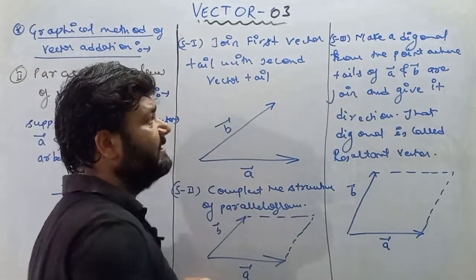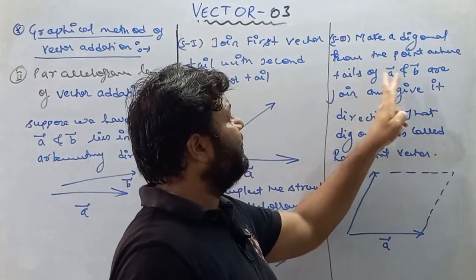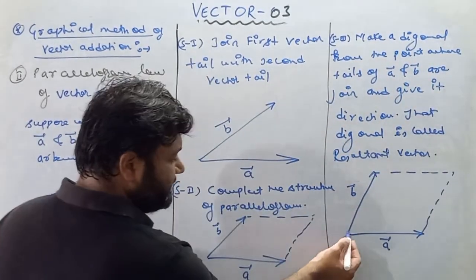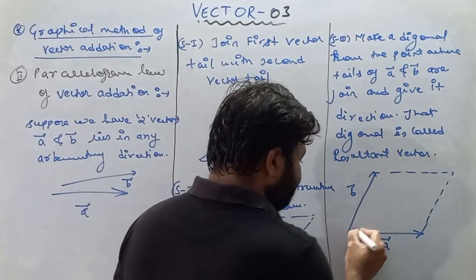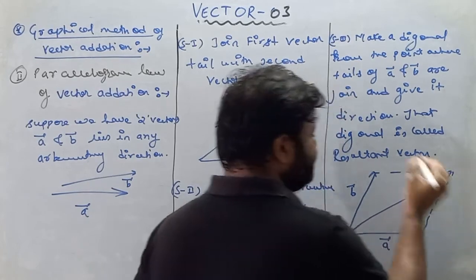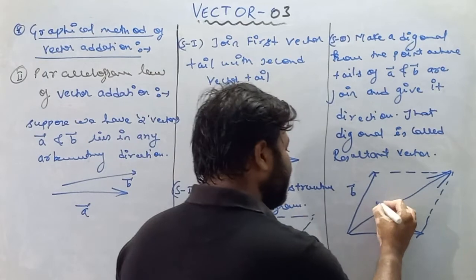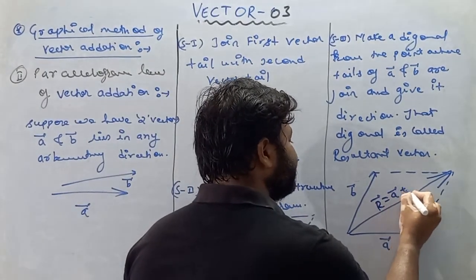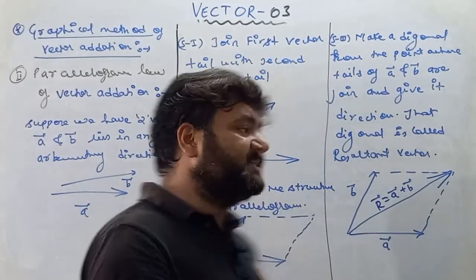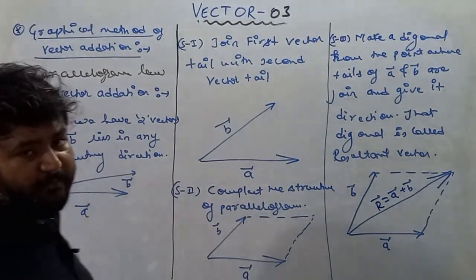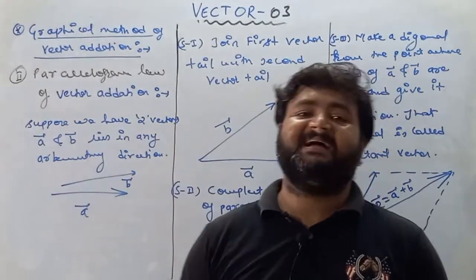Now see what they are saying. I'll write, make a diagonal from the point where tails of A vector and B vector are joined. So this is the point where A vector and B vector tails are joined. Form a line from this point, give the direction to this line. So this line basically acts as a diagonal and it is basically the resultant vector, that is A vector plus B vector. So this is how we'll add two vectors through the parallelogram law under the graphical method.